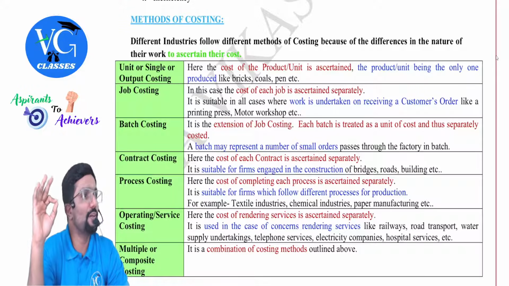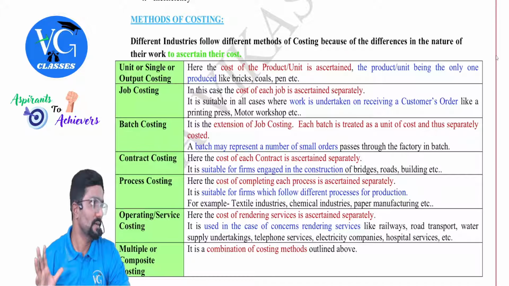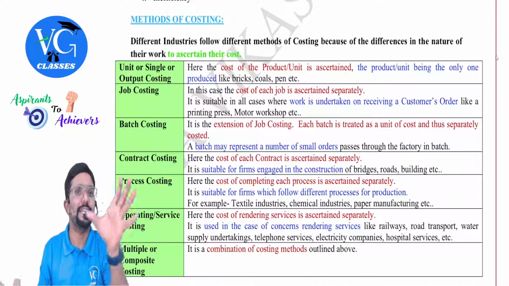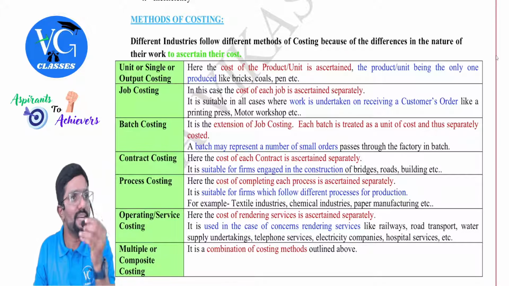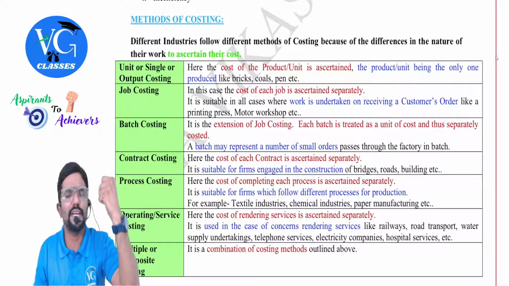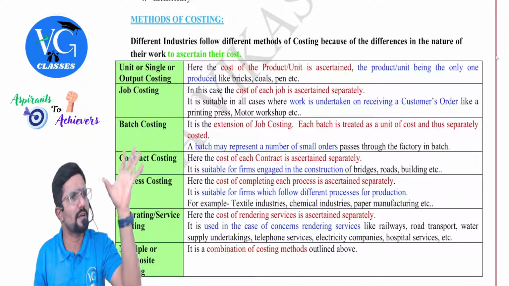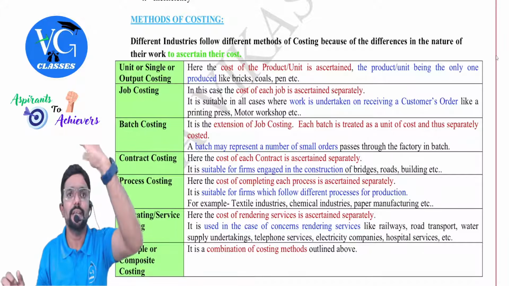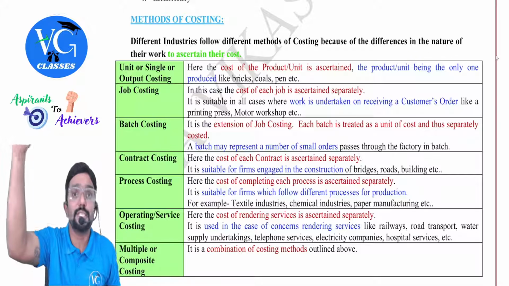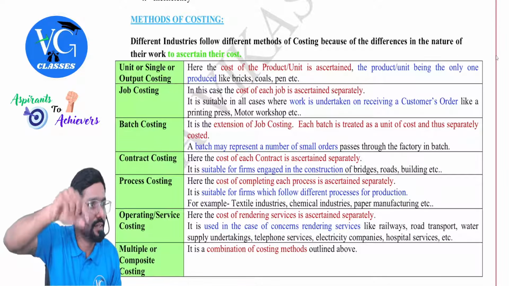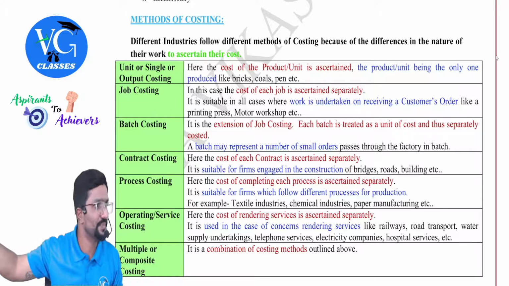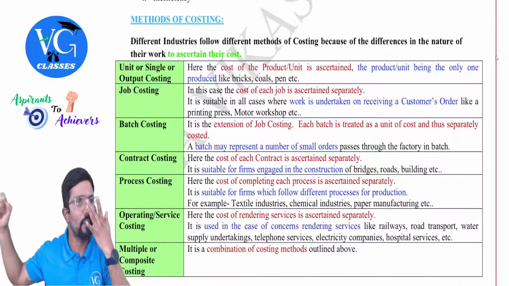Each and every batch will have 100 units. So our cost object is the batch. We will calculate the cost of completing each batch. We will consider material cost, labor cost, and overhead cost to complete a batch. Then we will divide the batch cost by the number of units in the batch. You will get the cost per unit. Hope you understand.